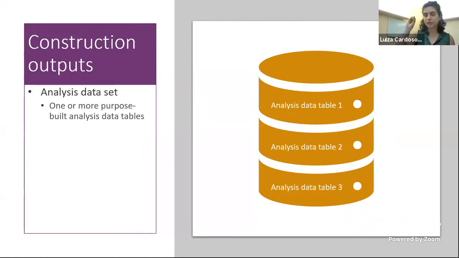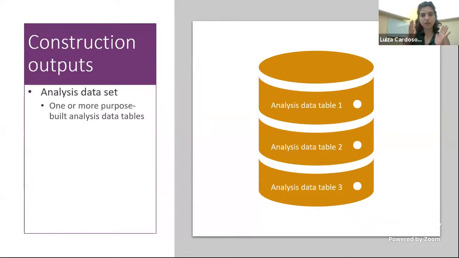Before we can get to the data set at the school level, we'll start from different data tables at different levels. So we may have a data table at student level, a data table at teacher level, one at school level, and then we will organize them until we get to a unit of analysis during data construction. And we may also, in the end, have different analyses that need to be run at different levels of observation.